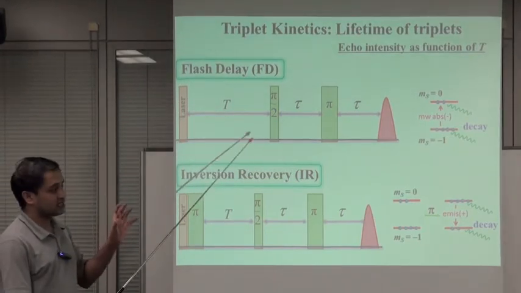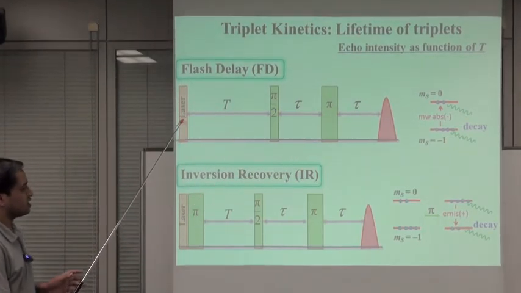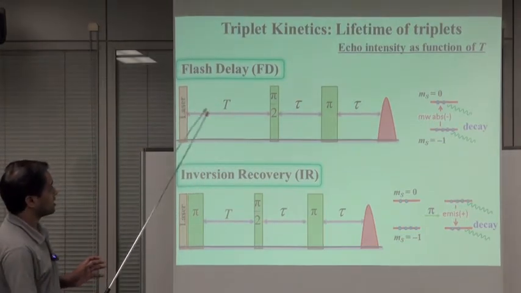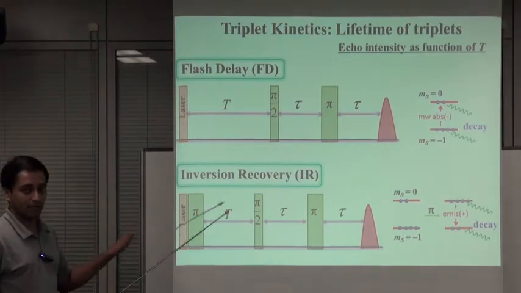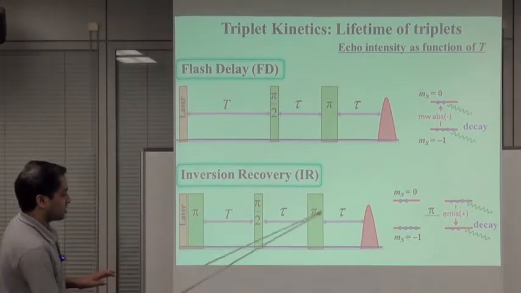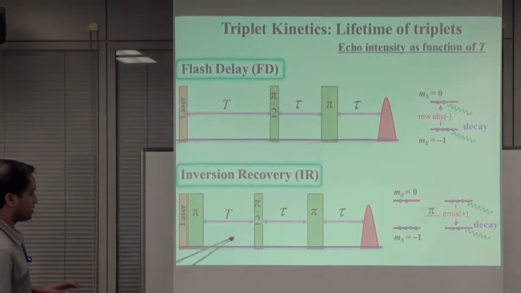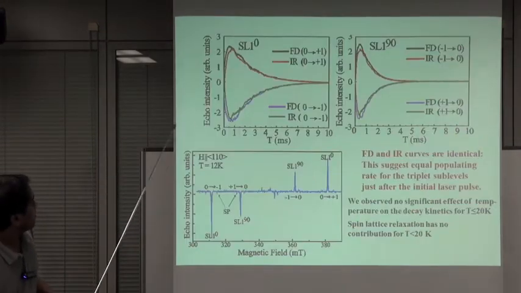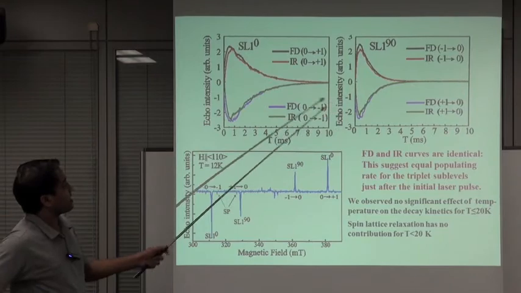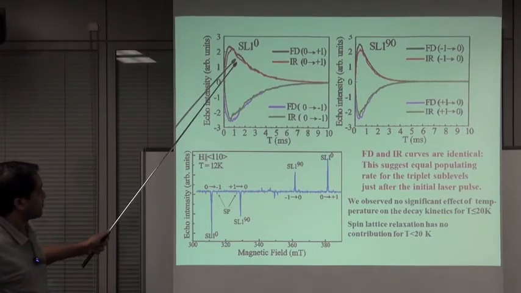In the flash delay, we measure the echo intensity as a function of delay after the laser pulse. In inversion recovery, just after the laser pulse, we apply a pi pulse and then measure the echo intensity as a function of this waiting time. These are the two spectra which we get for different lines.